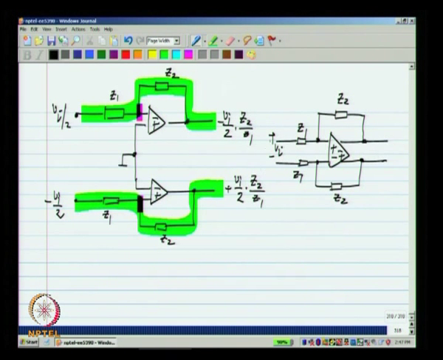The total input voltage will be the total difference voltage here Vi, and the total output voltage will be Vi times Z2 by Z1. Okay. And I will not always show this explicitly, but the output common mode voltage is set to some VOCM.